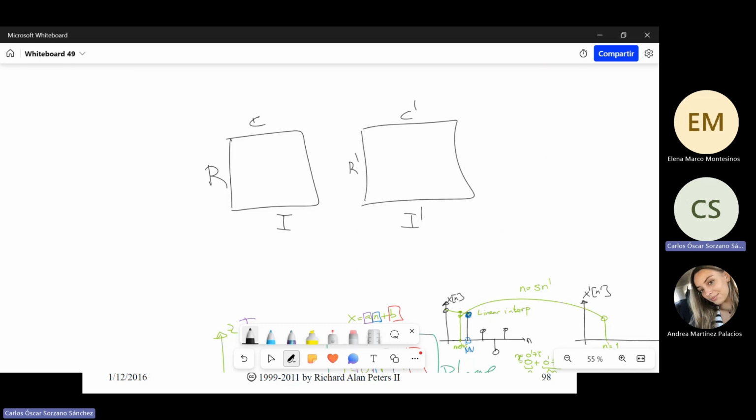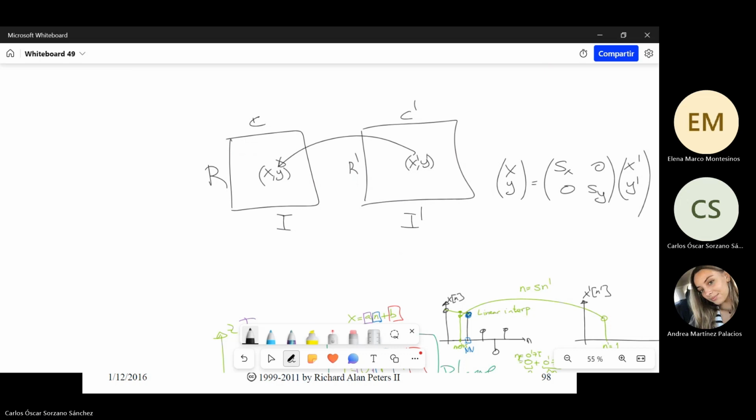So R prime are the rows, C prime are the columns. Now we take X and Y here, translating.